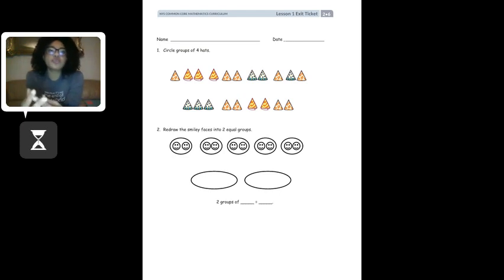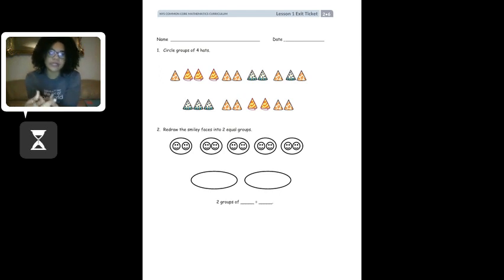So we're going to have to circle groups of 4 hats, and we're going to have 20 hats in all. So you can get a pencil and paper, and you can redraw these hats or make triangles and make 20 triangles, and then you're going to group those triangles or those birthday hats into 4.